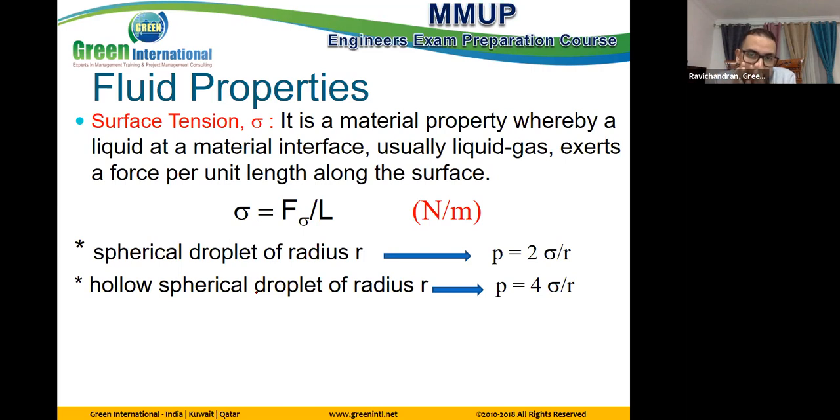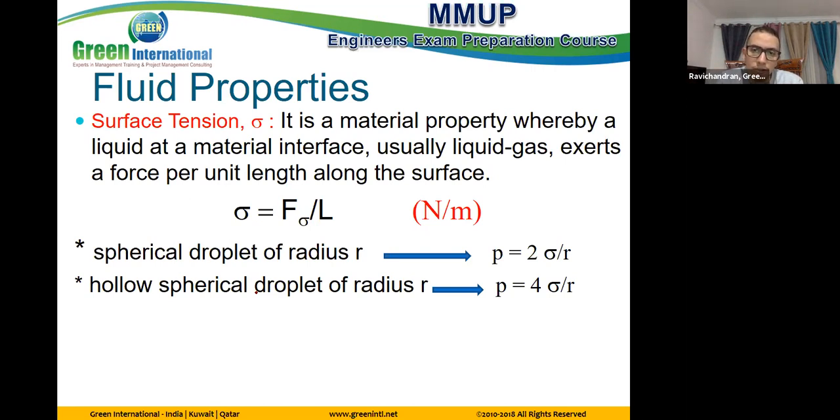The main effect is due to surface tension, which creates a surface tension force, and the rise in height is due to it.